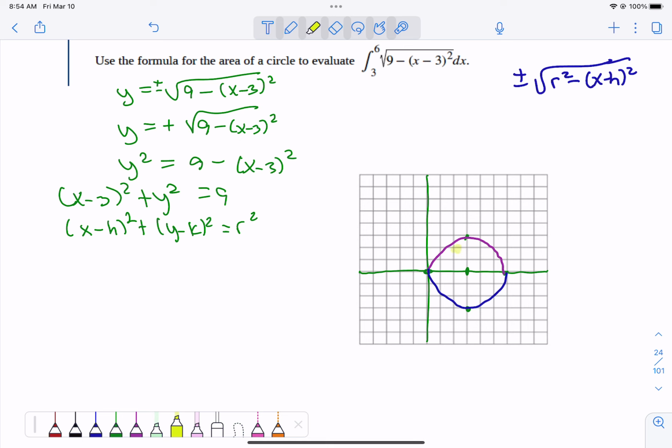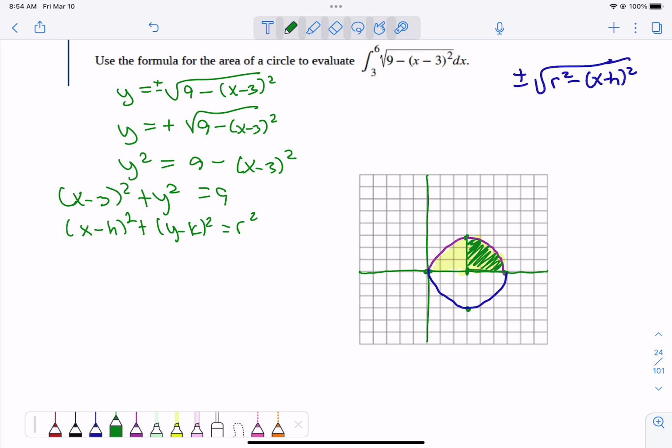The area that we are talking about is the upper half only. So we're only talking about that area. And we're only actually more specifically going from 3 to 6. So I guess the formula is only referring to the yellow portion. We are only referring to the area from 3 to 6.